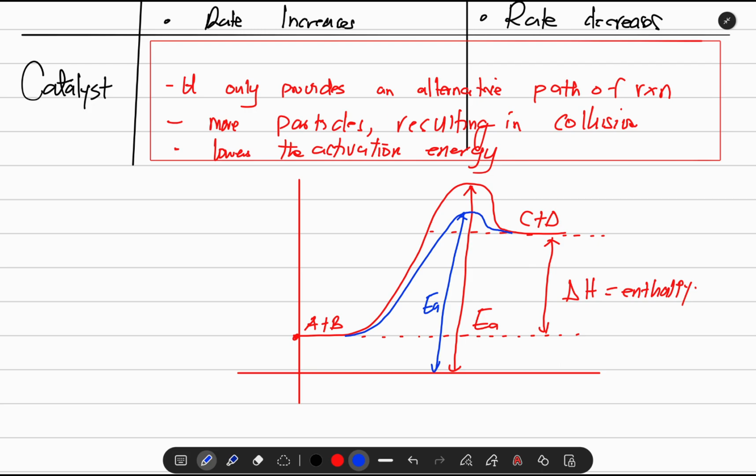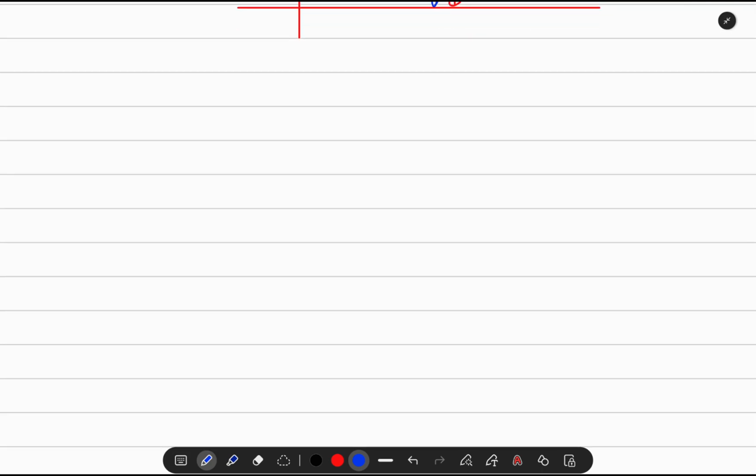We also have the issue of pressure. Now, pressure only affects gaseous reactions. These are reactions where gases are only involved. For example, if I get nitrogen and hydrogen, these two are going to give me ammonia. All these are gases, meaning pressure can affect this reaction.